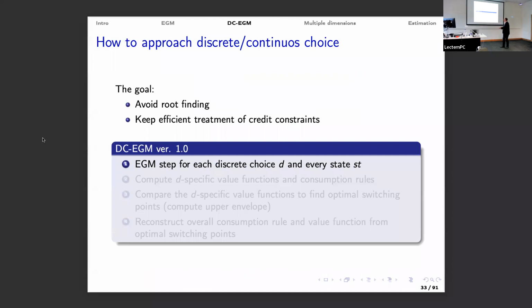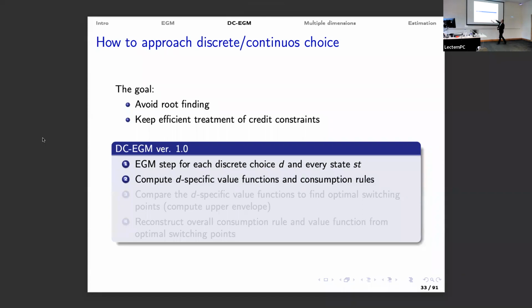All right, but in order to get this numerically, let's try to reconstruct the steps that we took some years ago. The idea was that, okay, EGM is good because it avoids root finding iterations. So let's keep that. And also it would be nice to be able to treat the credit constraint in the same way, even in presence of discrete choice. So the idea is this: let's do EGM step for each discrete choice separately, one by one. Okay.